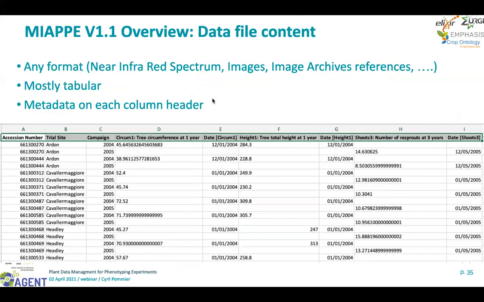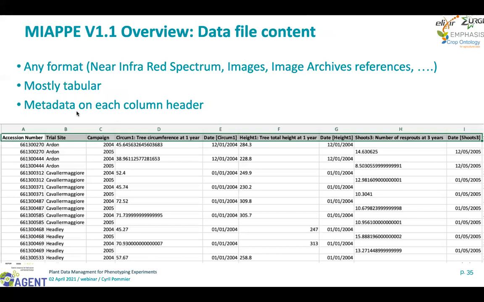So the data file content, as I said in the introduction, plant phenotyping is highly heterogeneous. Therefore, MIAPPE doesn't put any constraint on the format of the data file. It can be near infrared spectrum, it can be images, it can be linked to image archives, etc. Most of the time, we end up with tabular data.